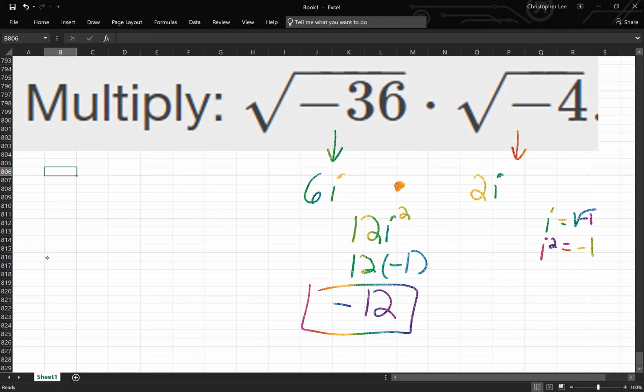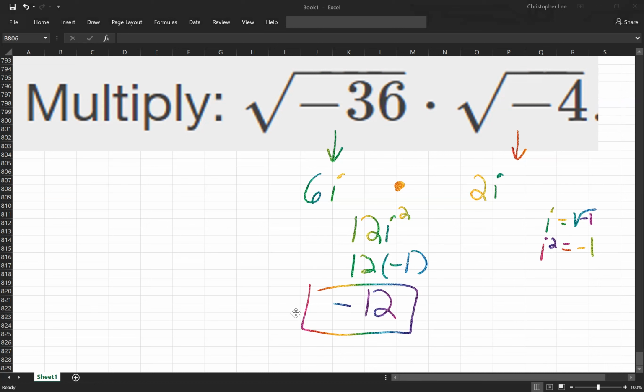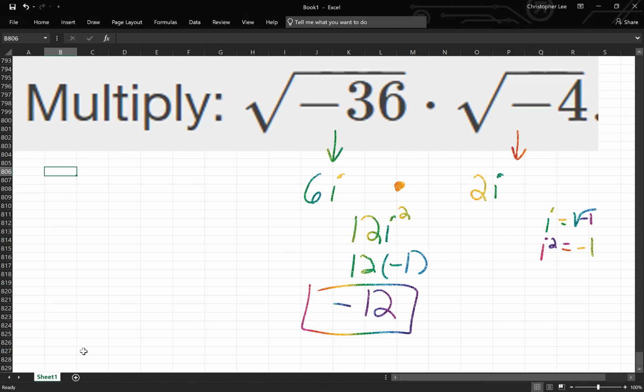The square root of 36 is 6, right, so 6i. Because 36 is a perfect square. Like 6 times 6 is 36.